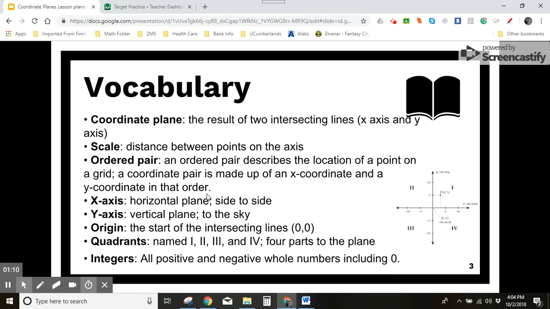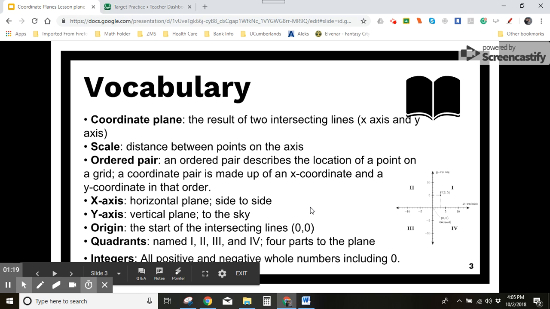The x-axis is horizontal, so it is this line that runs east to west, side to side. The y-axis is a vertical axis, running up and down, north to south. The origin is where they intersect at 0, 0.